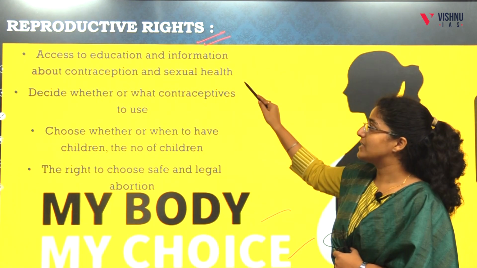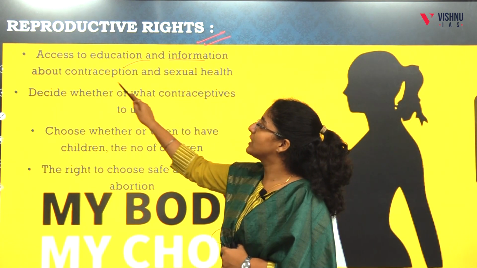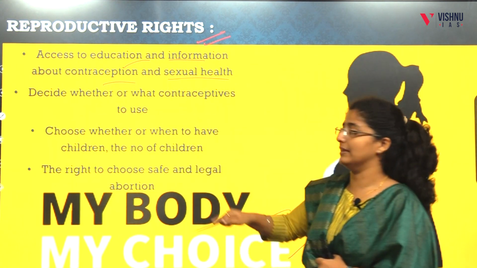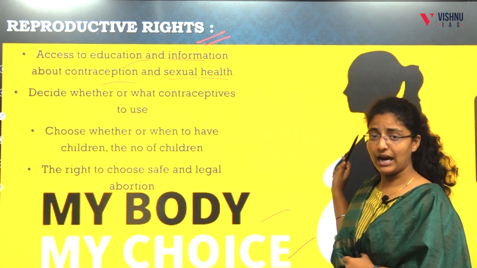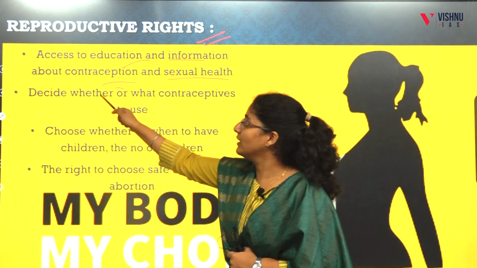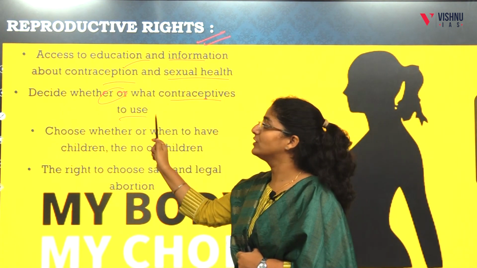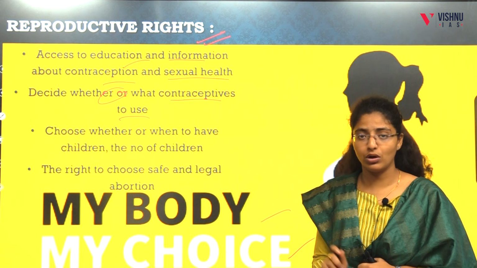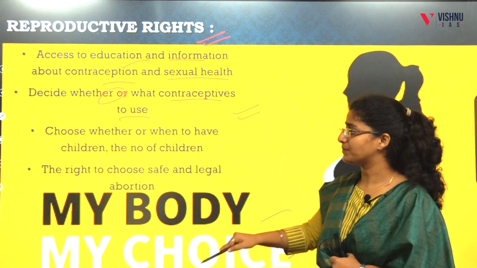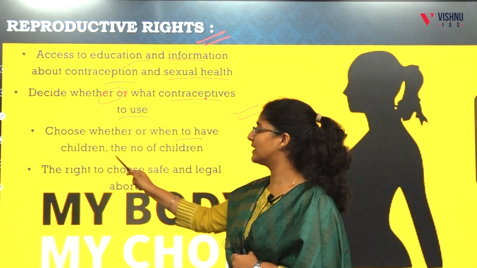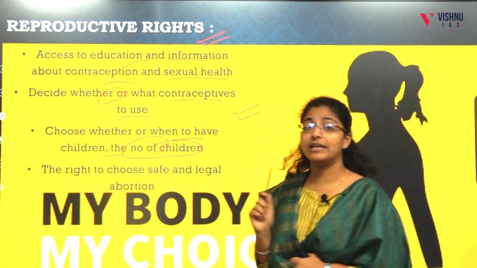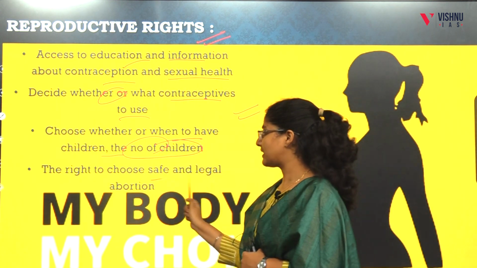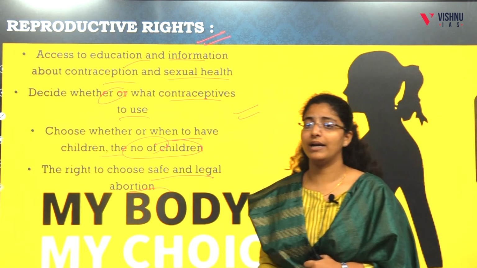Access to education and information about contraception and sexual health should be given as a right to a woman. Deciding whether or not to use contraception, and which contraceptive to use, is a decision of a woman. Choosing whether and when to have children, and the number of children, is a decision of a woman. The right to choose safe and legal abortion is also a right of a woman.